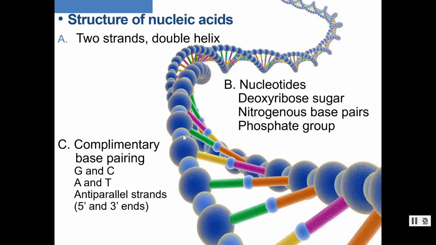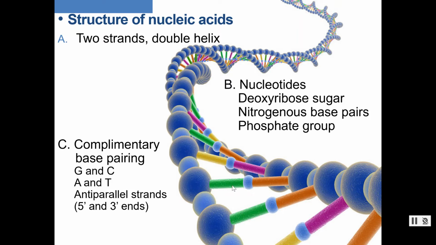It also contains a phosphate group, that small ball. You'll notice that on the outside of this double helix, which kind of looks like a ladder, the sugar and the phosphate groups alternate. And that makes for this stable structure.